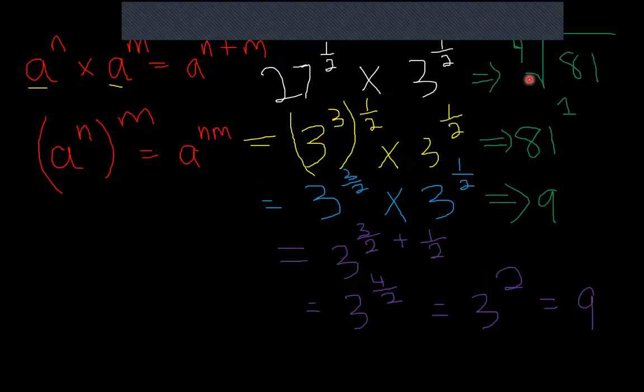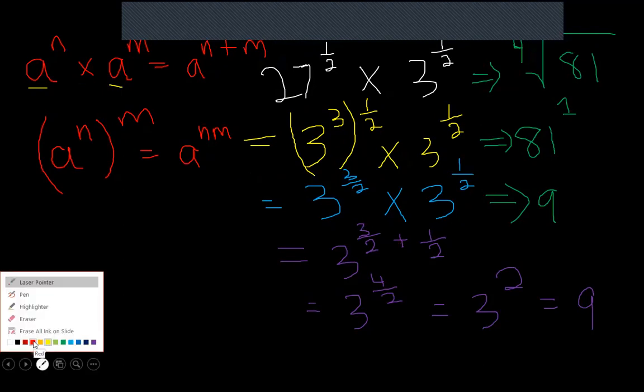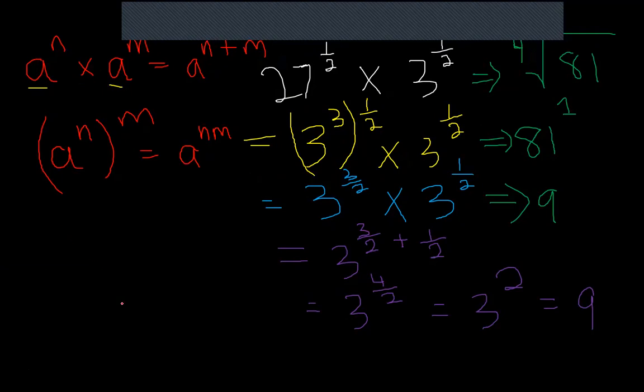I think it's Micaiah who gave me this first one. Yes, miss, I realized I made a mistake. So what I did was I used the rule a to the power of 1 over n would be the nth root of a.